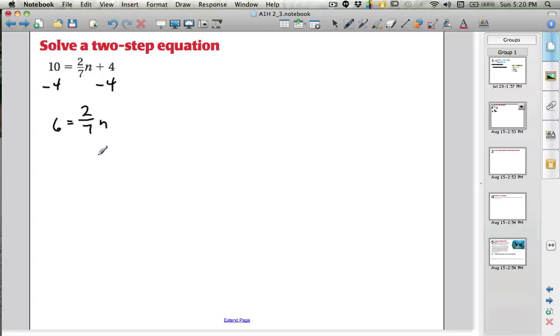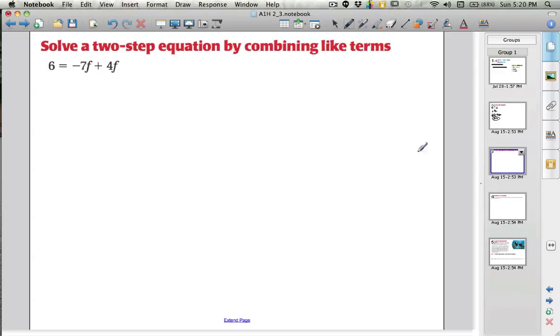And then I would multiply by the reciprocal, so I'd multiply both sides by 7/2. Multiplying by a reciprocal eliminates this item. They simplify out to be 1. 2 goes into 6 and leaves 3. 3 times 7 is 21, which is equal to n.